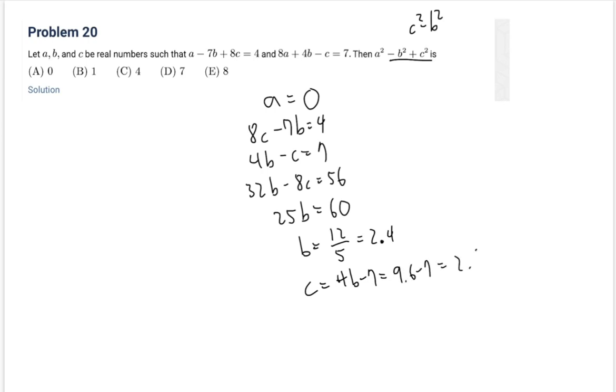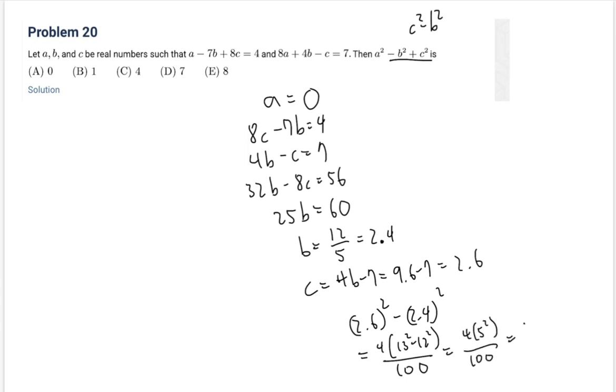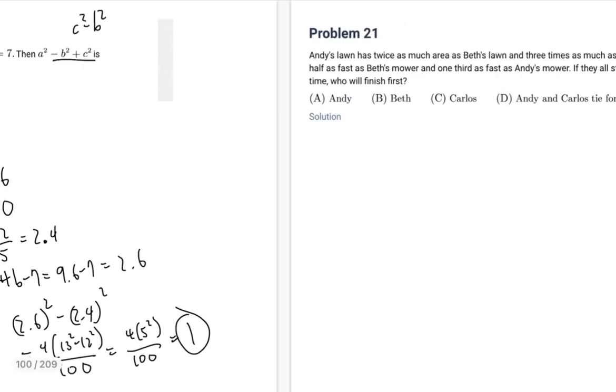This is 2.6. So C squared minus B squared is 2.6 squared minus 2.4 squared. This is 1/100 of 26 squared minus 24 squared, which is 4 times 13 squared minus 12 squared. This is 100 over 100, which is 4 times 5 squared over 100. This is 1, so the answer is 1, it's B.